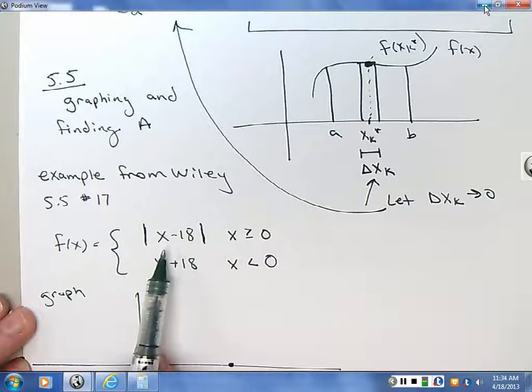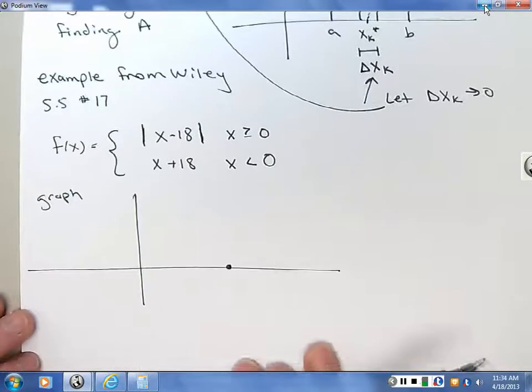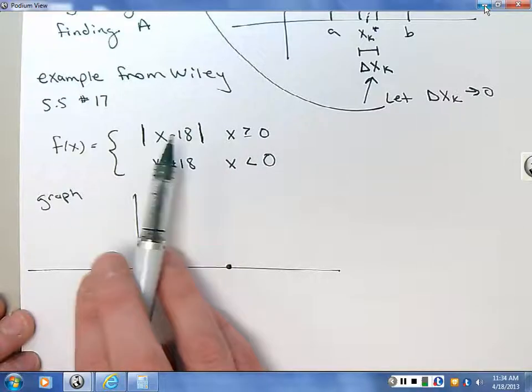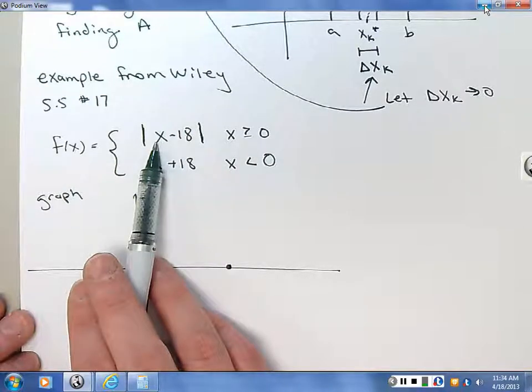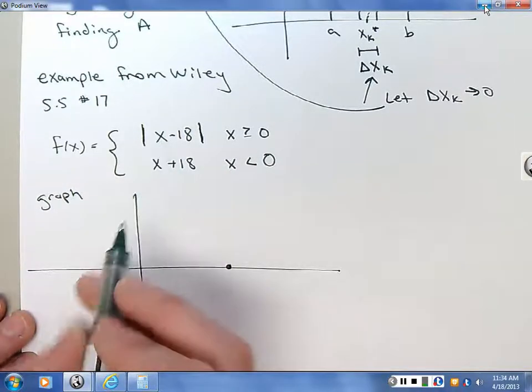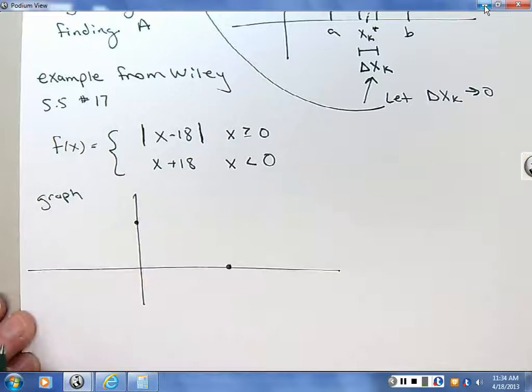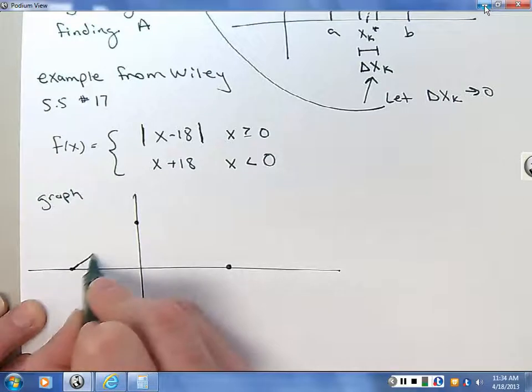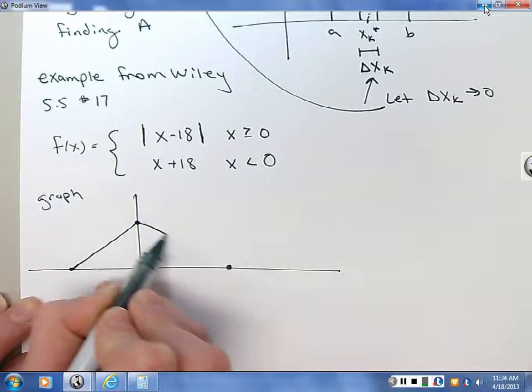If I plug in 0, this is saying x equals 0, I use this function. I get the absolute value of minus 18, so this goes to 18. If I plug in minus 18, I get 0 again. So in this interval my function's always positive.